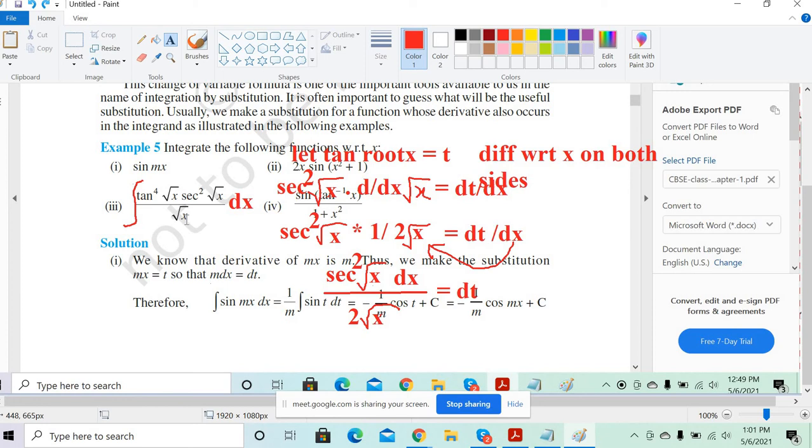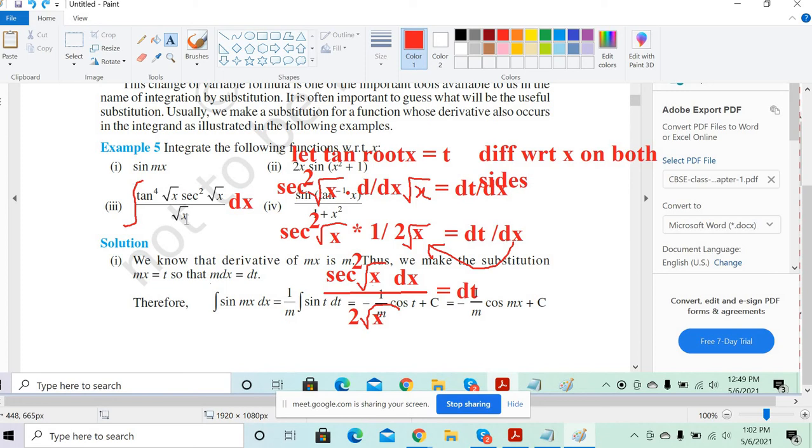So you don't have to worry about that. The only remaining part is tan root x, which we put as t power 4 there. So the entire expression is now in terms of t and dt. Okay. Clear? Yes, sir.